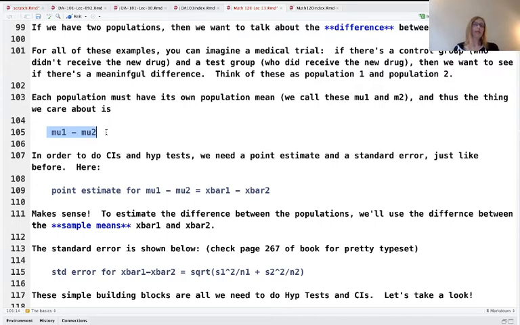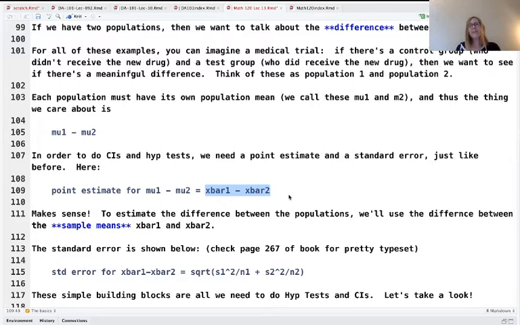Just like before, we need point estimates and standard errors to do anything. And I think they're pretty reasonable. First, for the point estimate, in other words, our educated guess about what the difference is, if we want to get a point estimate for mu1 minus mu2, then we're going to do the obvious thing.